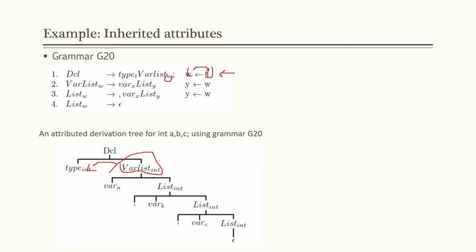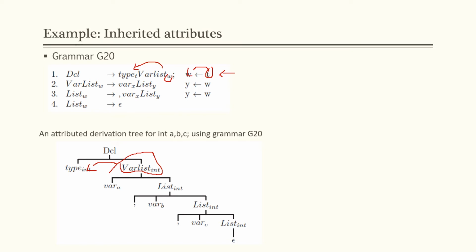Okay, so that is what we call inherited, because we get the value from the sibling, the variable object before the var list. So that is inherited. You inherit. Okay, inheritance can also go in a hierarchical way.